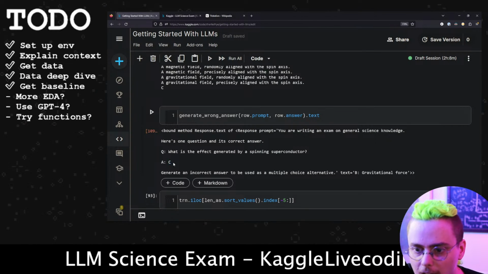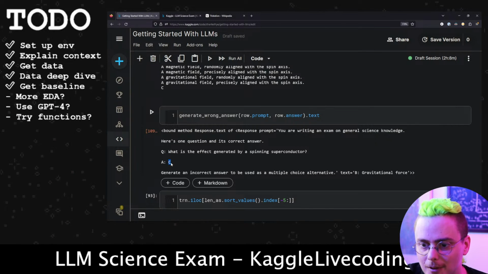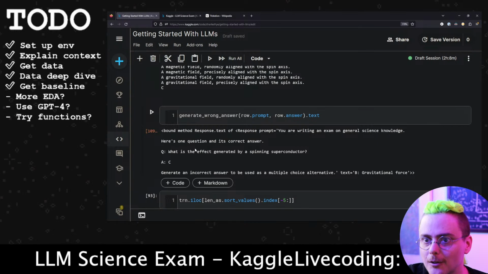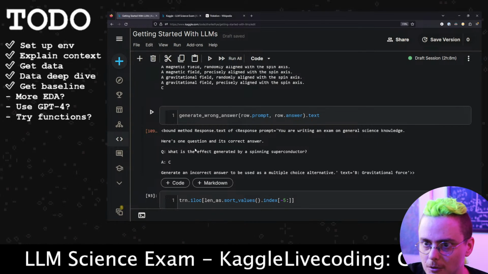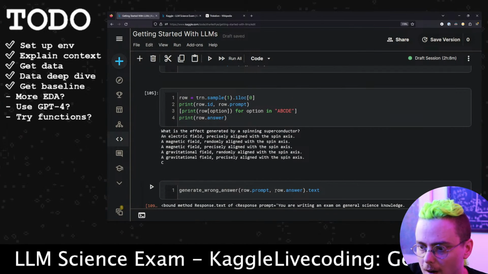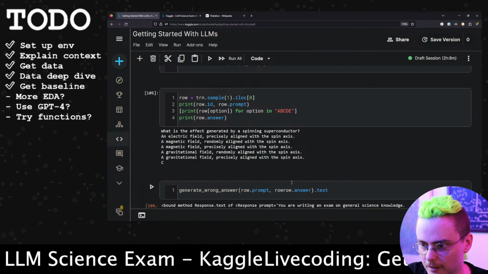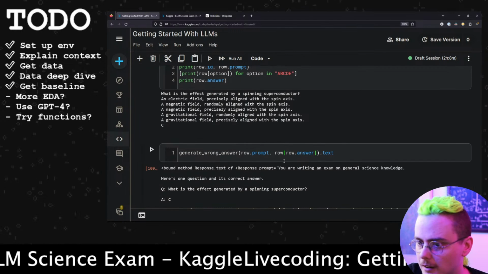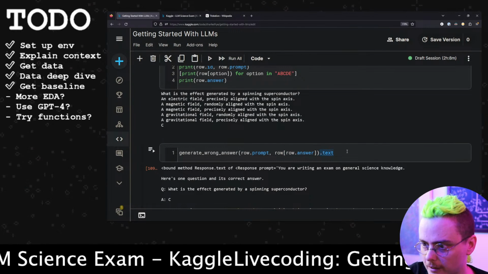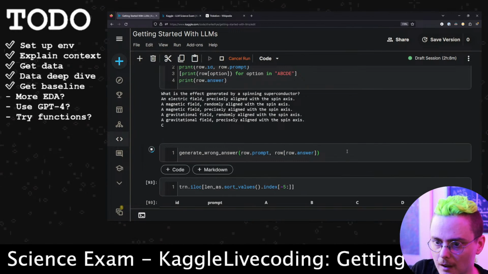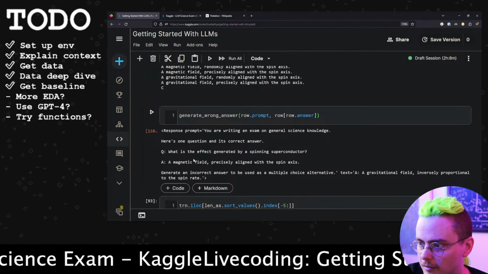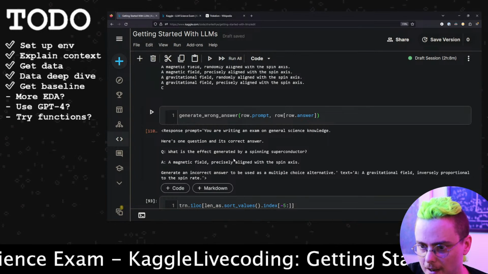Oh, it looks like for the correct answer here, I just put C. That's a problem. I put the letter of the correct answer rather than the actual correct answer. So what we want is row dot answer. That should be the actual correct answer. All right, a magnetic field precisely aligned with the spin axis.